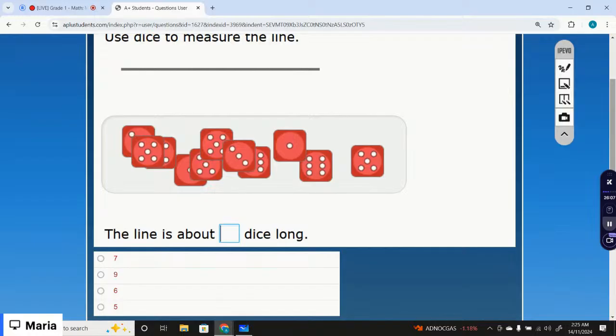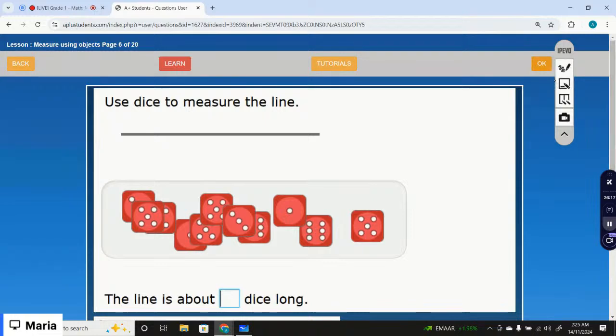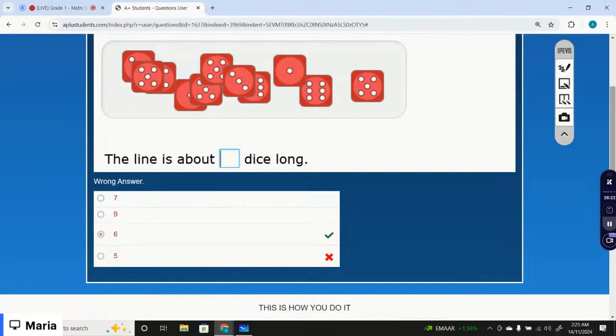The correct option is, yes, I think 5 dice long it is. Okay, again, that's a mistake. It is just 6 dice long, right? Okay, you just have to understand the concept, right? So, let's just move on to the next lesson.